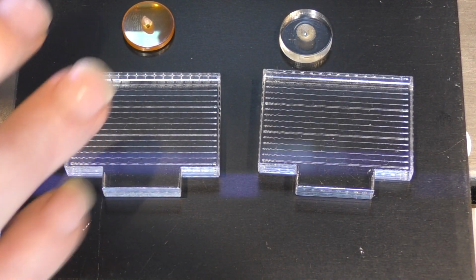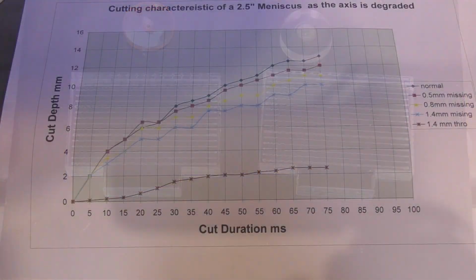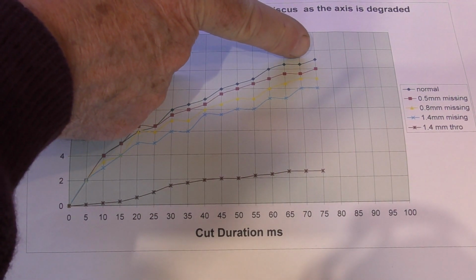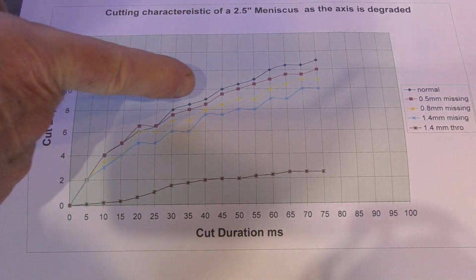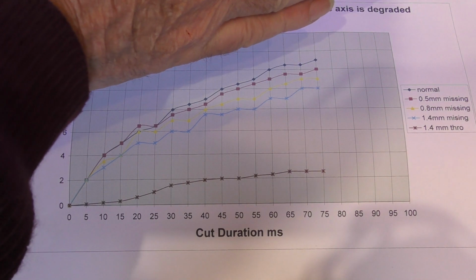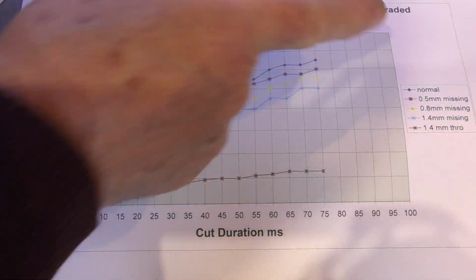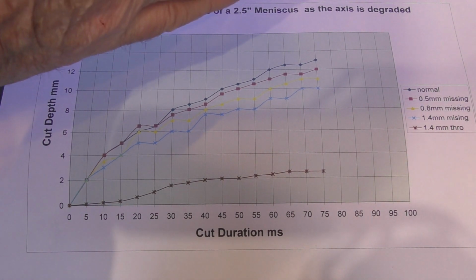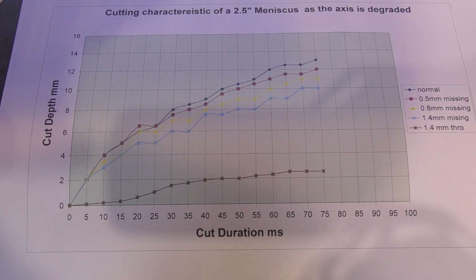On its own, it doesn't look very interesting. But when we look at the results of what we've achieved so far, the original one, the normal, which is unmodified, is the blue one at the top, and gradually as we modify the lens with a 0.5, 0.8 and then a 1.4 missing centre spot, we are gradually degrading the cutting ability of that lens.